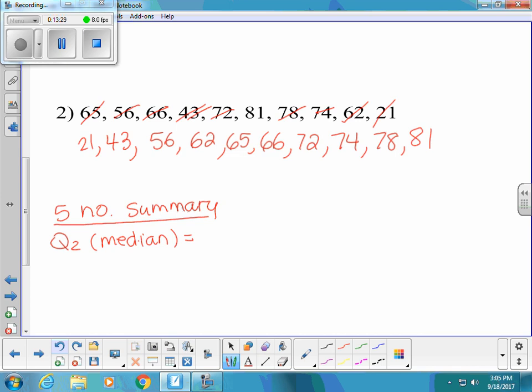It's 10 numbers. So beginning, end, beginning, end, beginning, end, beginning, end. I got 65 and 66, so in the middle would be 65 and a half. If you don't know that off the top of your head, you can add them up and divide by 2.